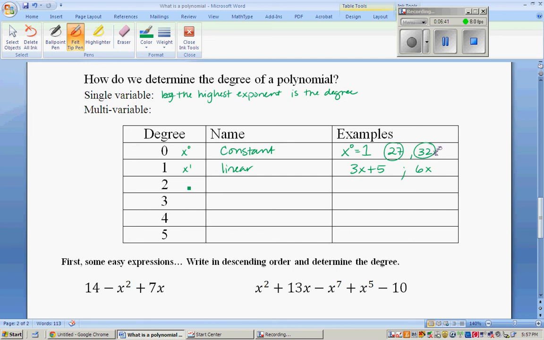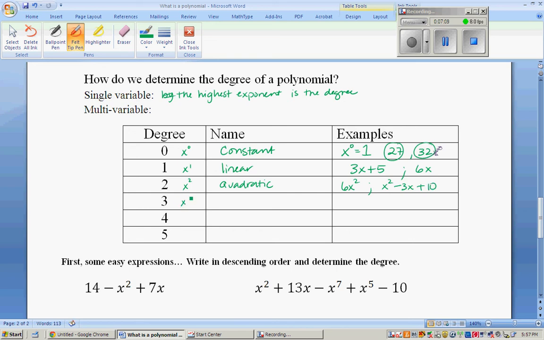Now, a degree of 2, a second degree, is called a quadratic. And we do want to know that word because they throw it around all the time. A quadratic is any type of x squared. So an example would be 6x squared, or another example would be x squared minus 3x plus 10.